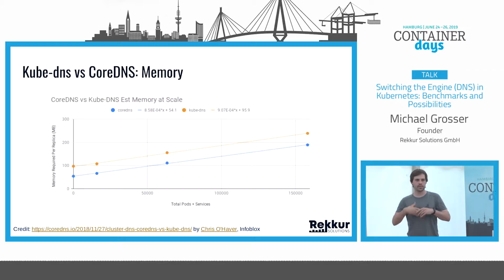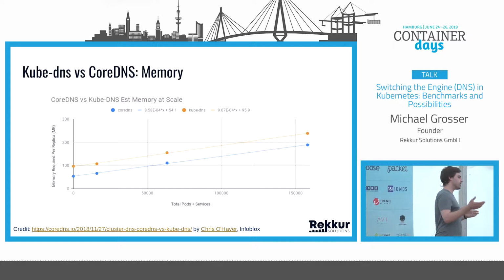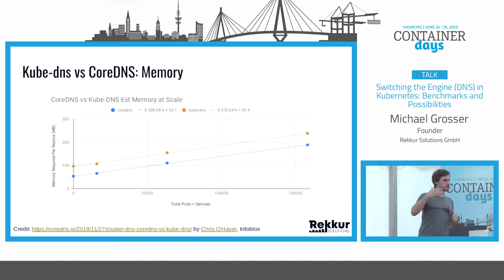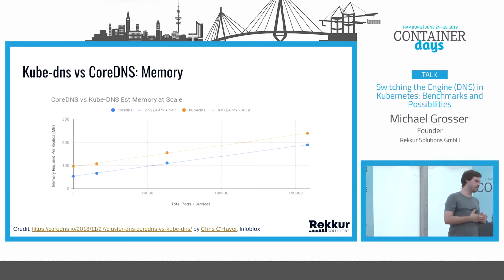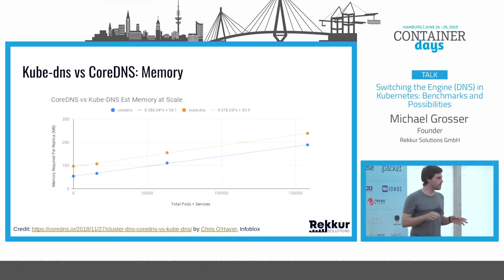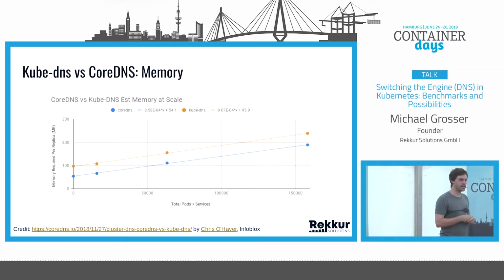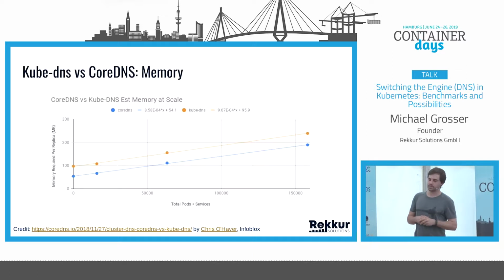And because of how it was set up, by default, when we benchmarked everything, it turned out to be either in proximity to the old way, Kube-DNS, or even better. That was Chris O'Haver, back in 2018, so take the numbers with a grain of salt, but there was just no reason to run them again because CoreDNS is basically now used in most things.